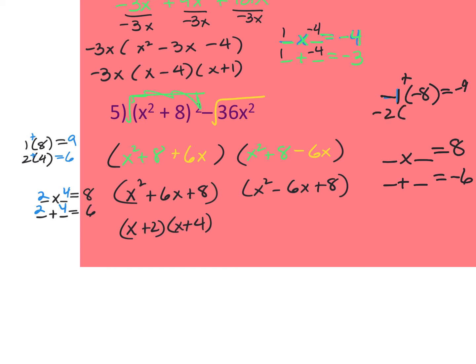But then negative 2 times negative 4 gives you positive 8 when you multiply, and it gives you the negative 6 we need when we add them. So negative 2 and negative 4 are my factors that both multiply and add to give me the appropriate numbers. So in here goes x minus 2 and x minus 4.